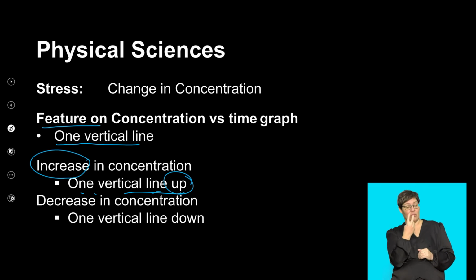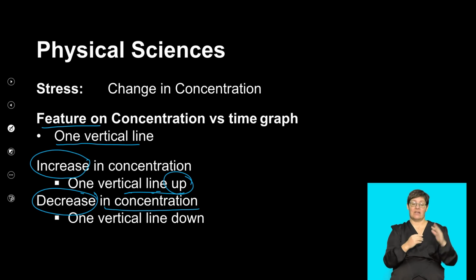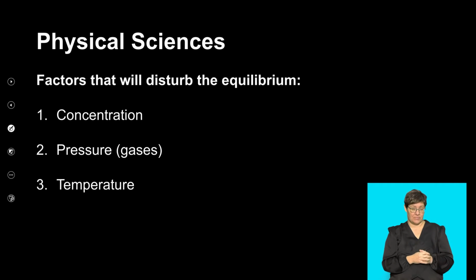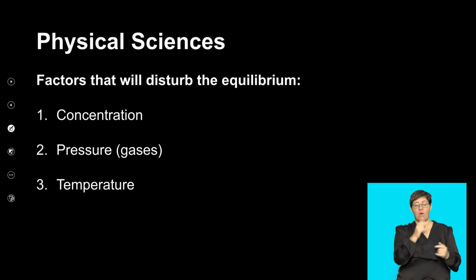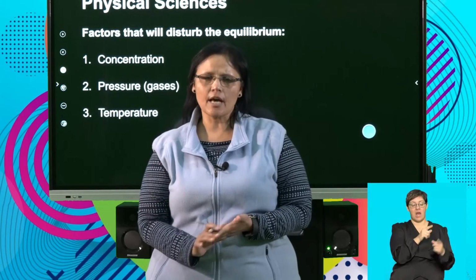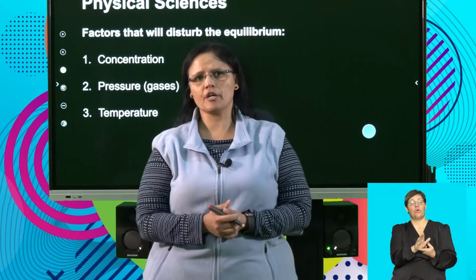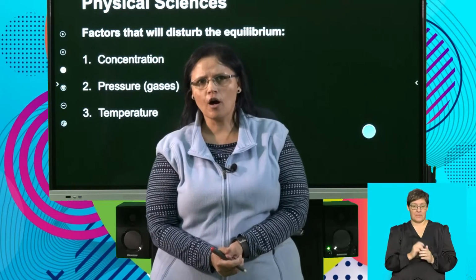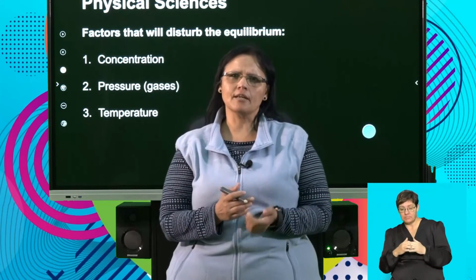The other two were affected by the response of Le Chatelier, and they were more curved lines. If we would have worked with a decrease in concentration, we would have had one vertical line, but that one vertical line would have been down. We've now looked at the disturbance of the concentration of one of our reactants, and we looked at how that is shown on a concentration time graph after the disturbance to reinstate the equilibrium.